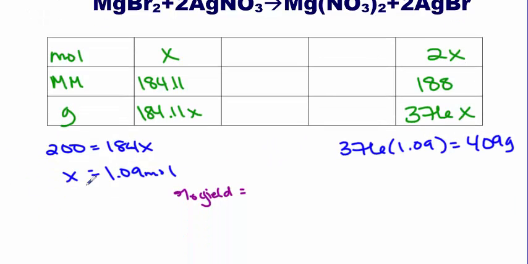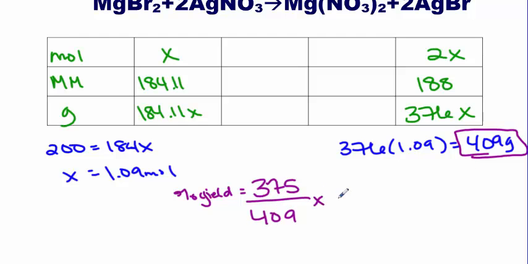So 375 divided by my theoretical, the amount that I calculated from my stoichiometry, of course, times 100, and I get 92% yield, which is a great percent yield if you're doing this in the lab. So actual yield will be given in the problem. Theoretical yield you'll have to calculate from the stoichiometry. Make sure that you know this formula. It is not in the reference packet.